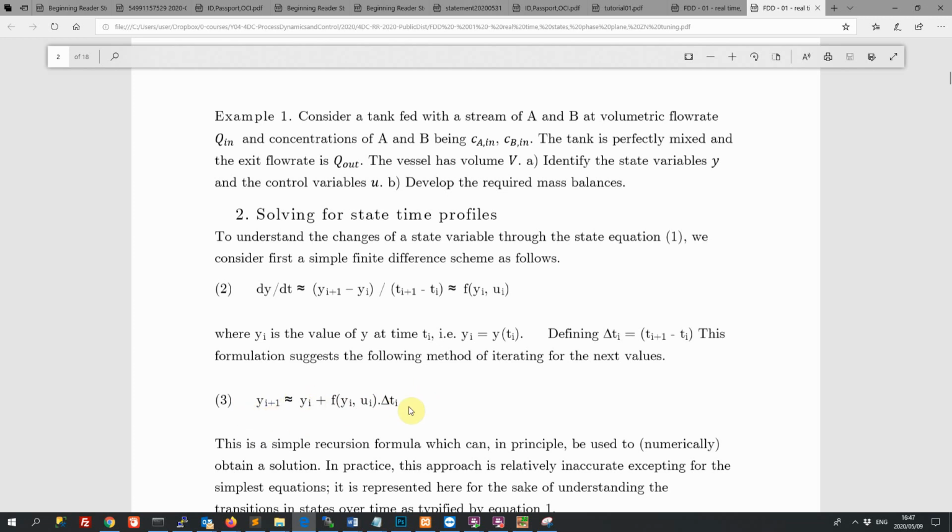In fact, all our integration methods for ODEs work in this way. All our numerical methods work in this way. It's just that there are more sophisticated ways of estimating the change in y. You'll hear many names: Euler's method, Runge-Kutta. There is an Euler name somewhere in there as a numerical approximation. Then you get Runge-Kutta, and there are many.